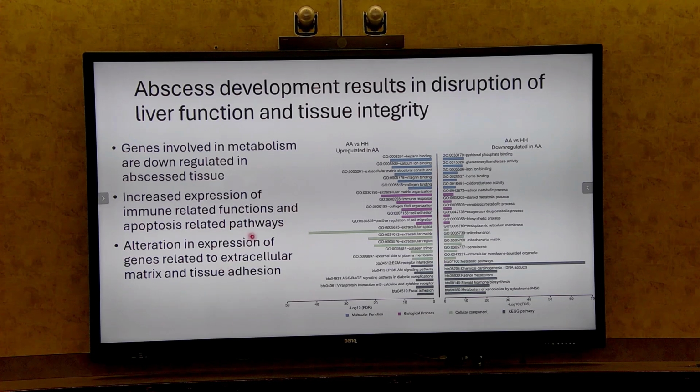And also changes in the expression of genes related to something called the extracellular matrix. A lot of the genes that are produced by this Bacteroides target carbohydrates that are on the surface of cells that help keep cells together into tissues.